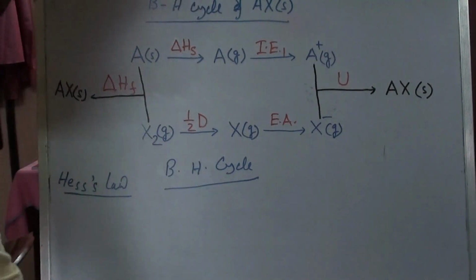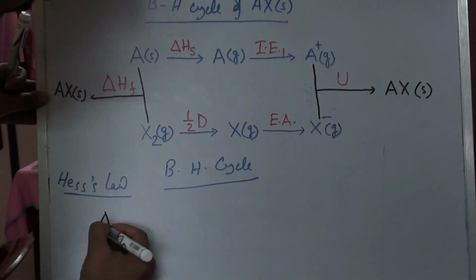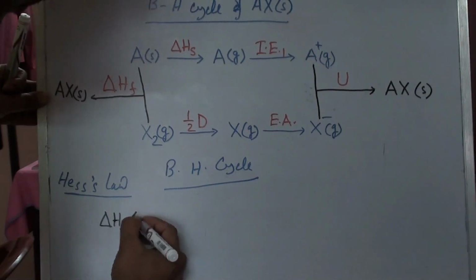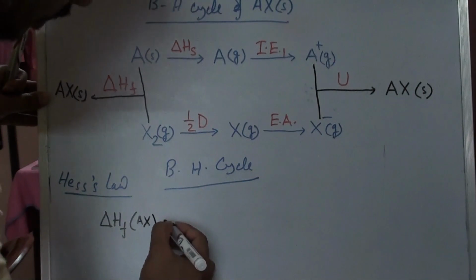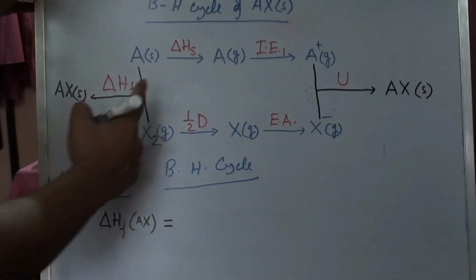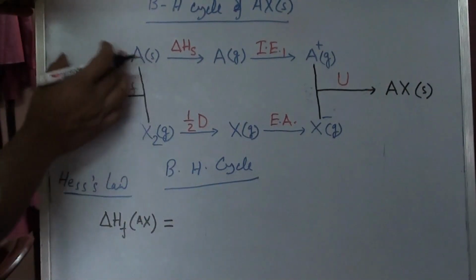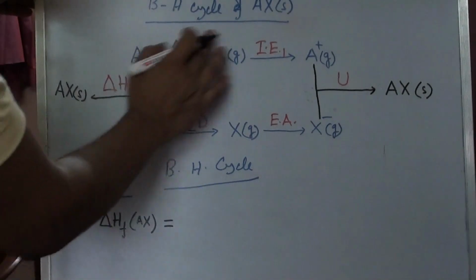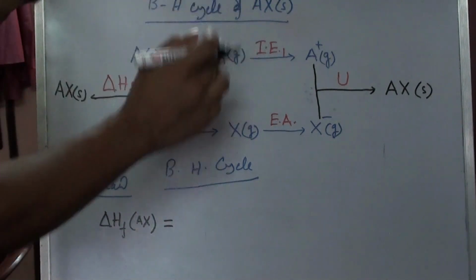So, applying Hess's law, we know that delta H formation of AX is nothing but equal to the summation of all these multiple steps involved in this thermodynamical cycle.